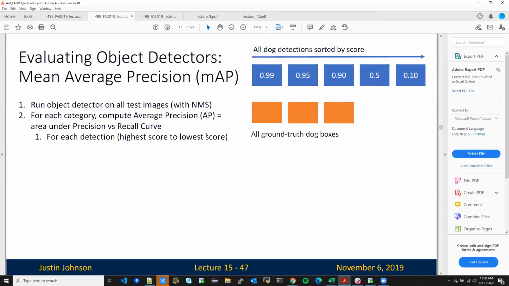So let's consider one category, the dog category. You have all the dog detections sorted by score, and these are all the ground truth dog boxes.